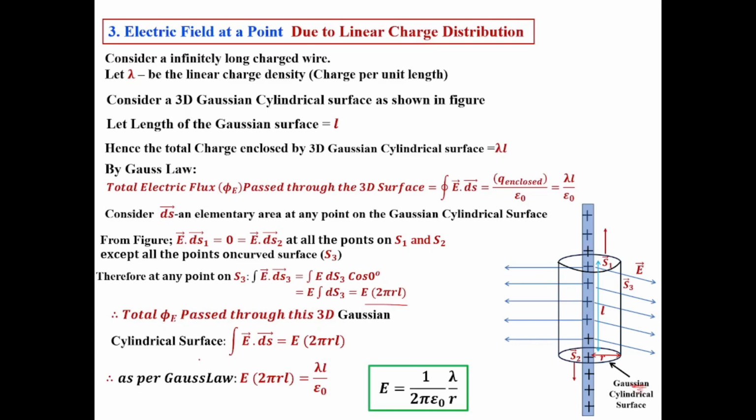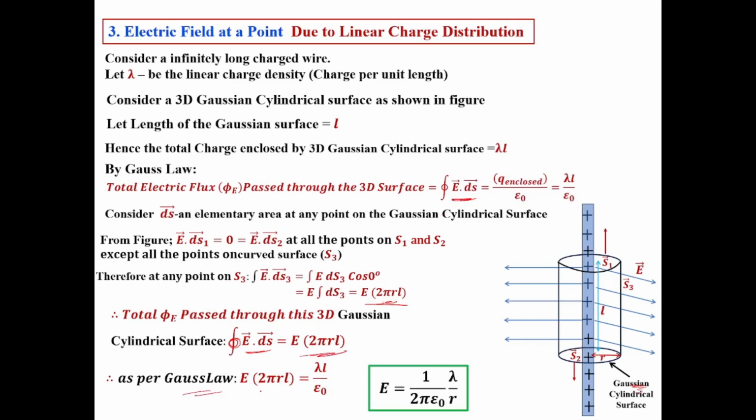According to Gauss law, you have to write E dot ds with a circle on the integral, which represents the surface integration. E dot ds equals E into 2 pi r L, as we found.